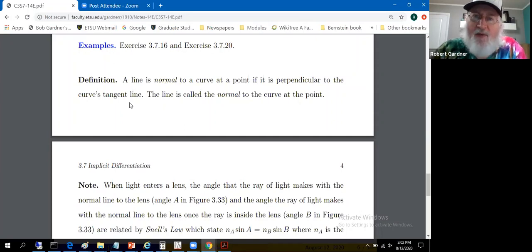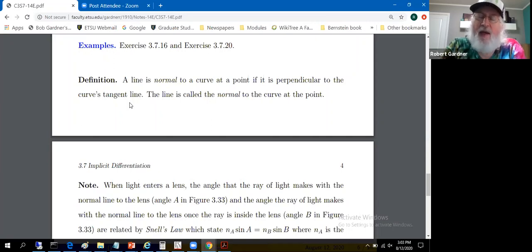How do you find the slope of a tangent line? Derivatives. Okay, what happens in terms of slopes for two perpendicular lines? If we want a line perpendicular to a given line, we use negative reciprocals of the slopes.